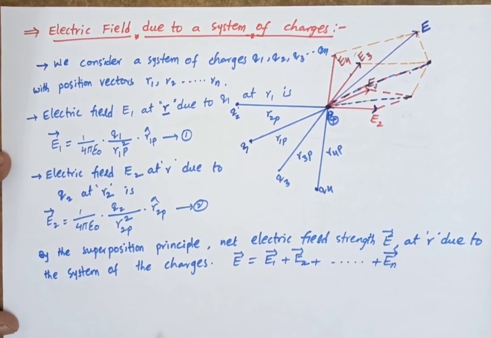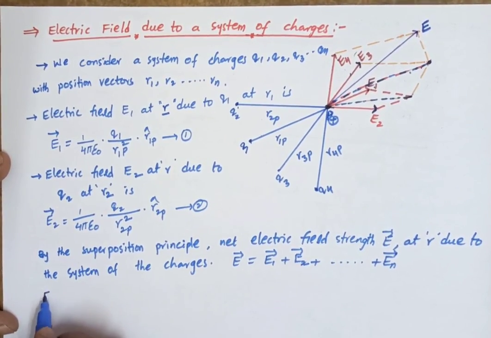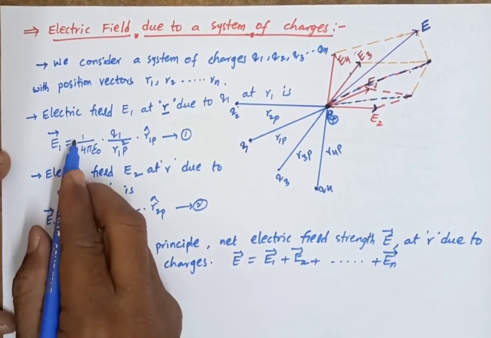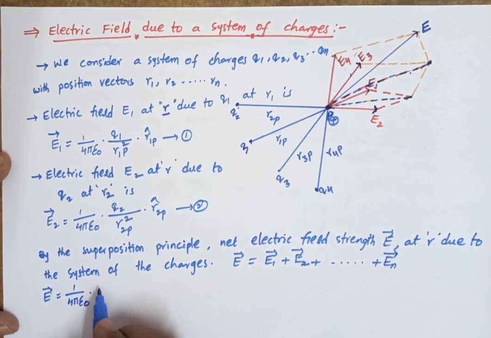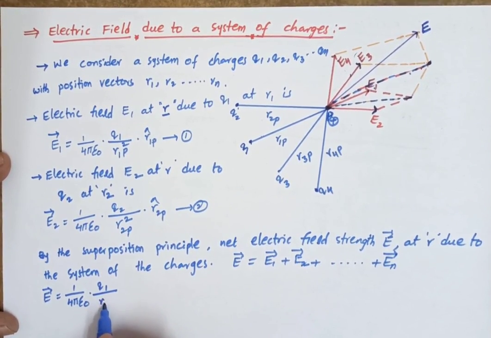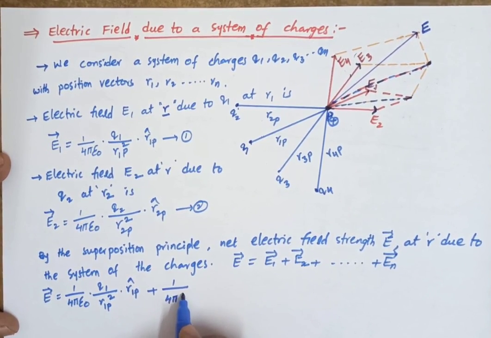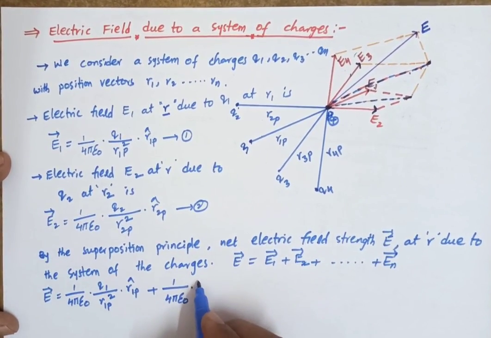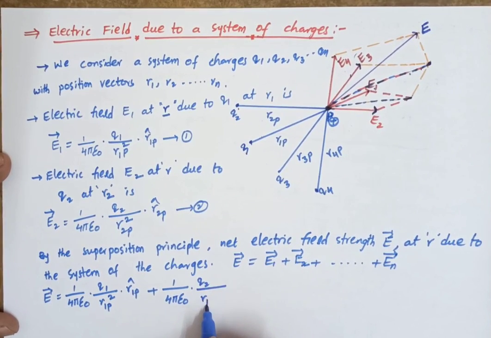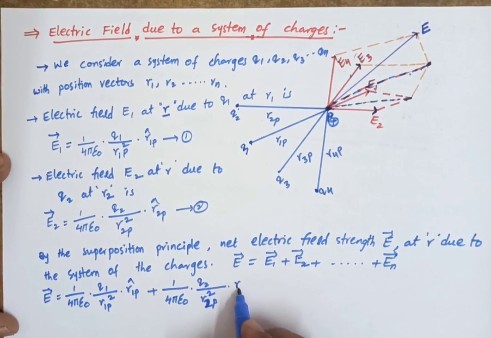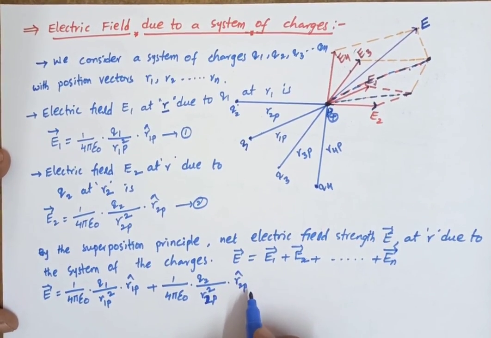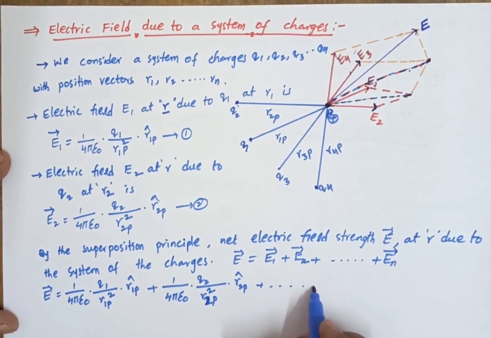Here E bar equals, so what is E1 bar? 1 by 4 pi epsilon naught Q1 by R1P square into R1P cap, plus 1 by 4 pi epsilon naught Q2 by R2P square into R2P cap. So it is a unit vector. So plus so on.